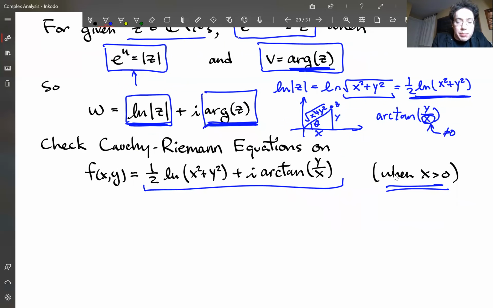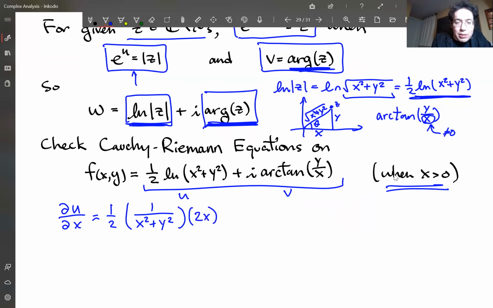So this is my u, and that's my v. Derivative of u with respect to x. The derivative of natural log is 1 over the inside, and by the chain rule, I multiply by the derivative of the inside with respect to x.